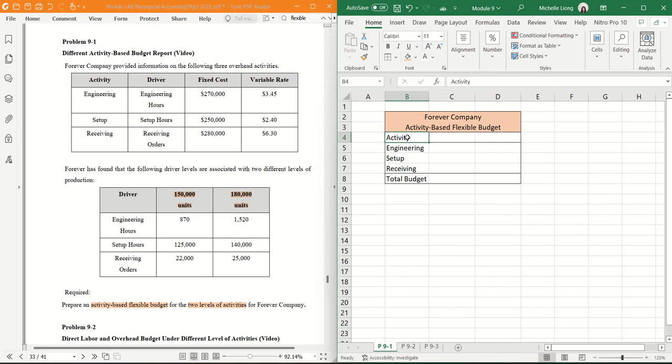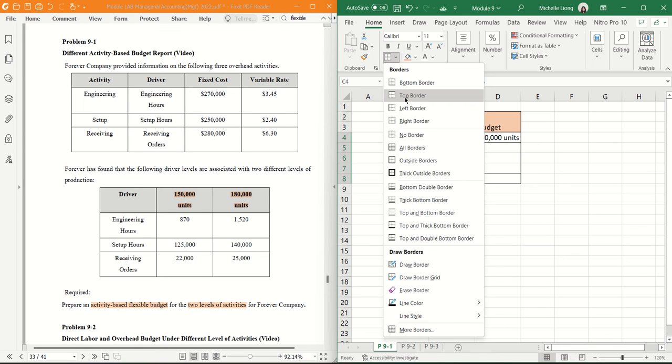So we have our activity and we're going to find the budget. The budget is, of course, the fixed cost plus the variable rate. And for the activity, remember that they told us it's 150 and 180 units. So right here we will write 150,000 units and 180,000 units, and for both of these it's different.